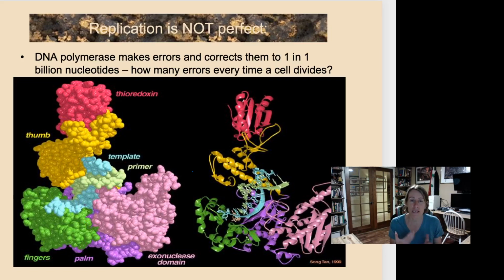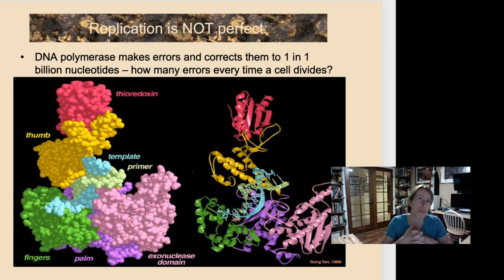So when an individual human cell divides into 2, all 6 billion nucleotides need to be copied into new chromosomes for the new cell. And if this enzyme is leaving an error 1 in a billion, how many errors are going to be there? Well, on average, about 6 errors every time the DNA is copied.